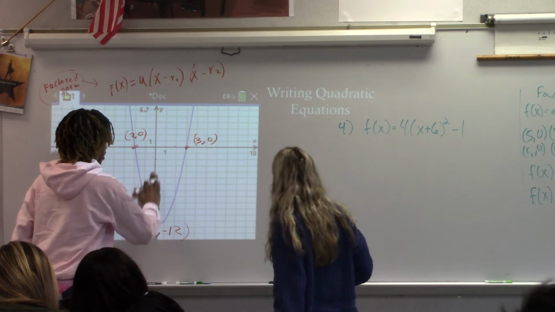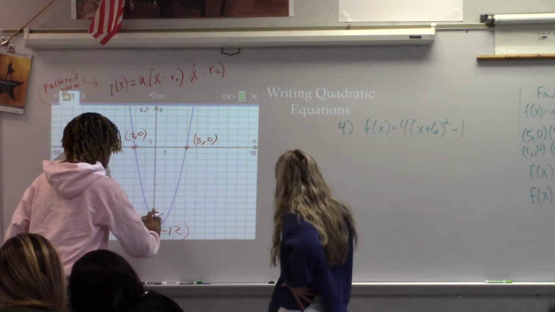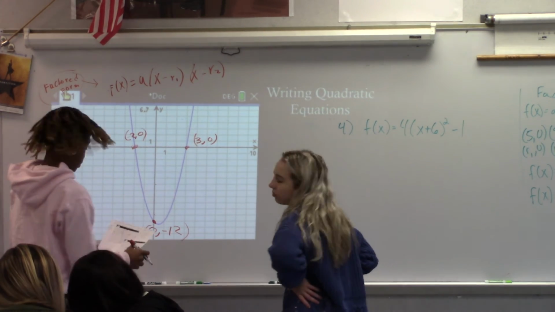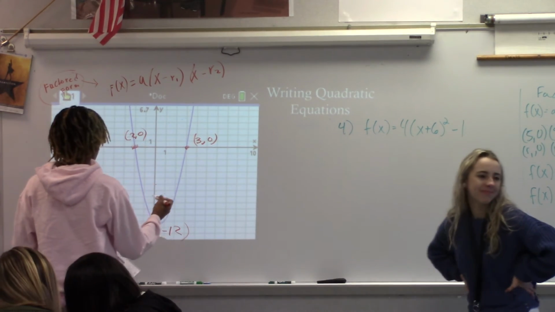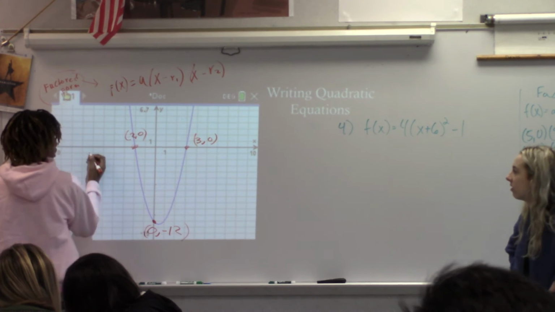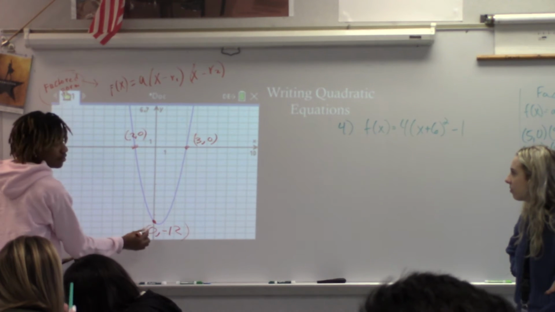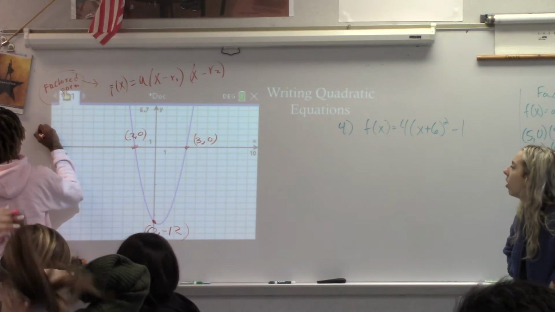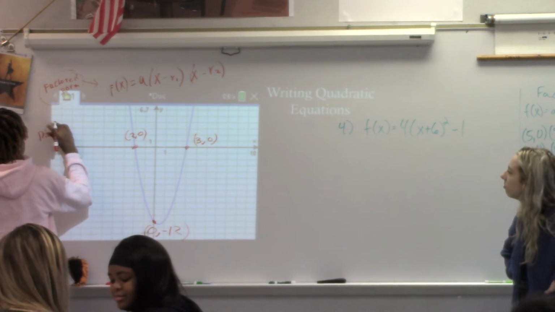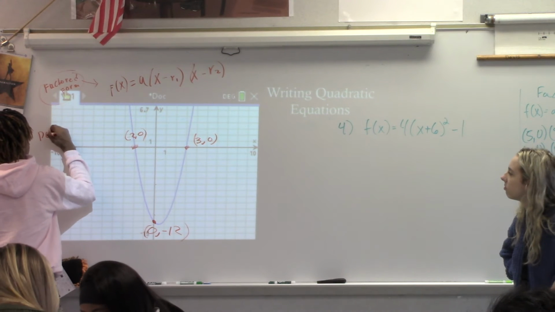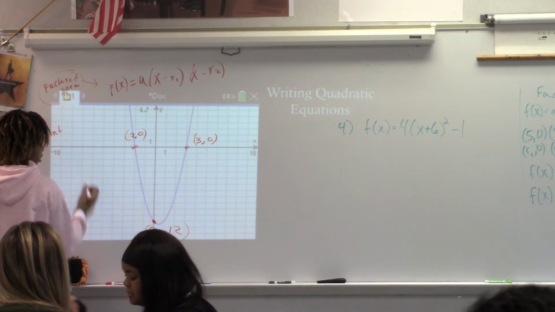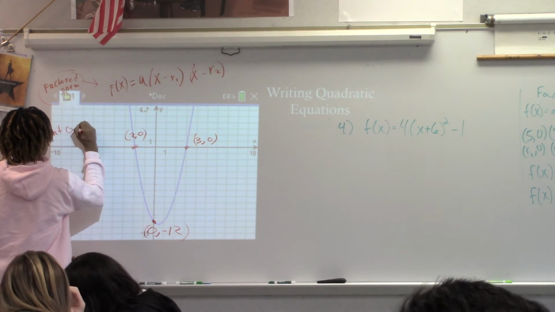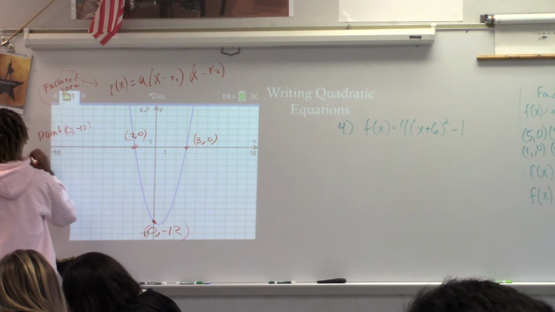Does anyone see the really important symbol that Destiny is missing in this final equation? Give me vertex. If you don't have that equals, you don't have that function, right? I would count that as a minor procedural error, not a conceptual error. It's kind of important, so it would probably drop you to maybe a 4.5 or a 5.